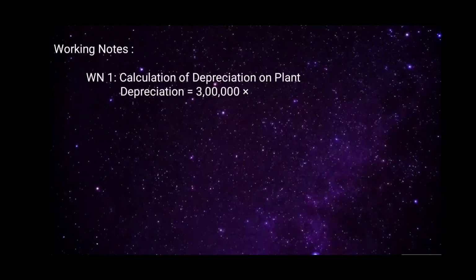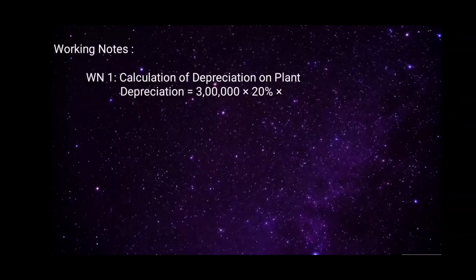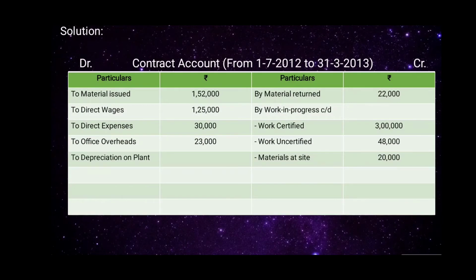So rupees 3 lakhs into 20% into 9 months, from July to March, divided by 12, which will be equal to rupees 45,000. So we'll record this amount to depreciation on plant. Amount is 45,000.